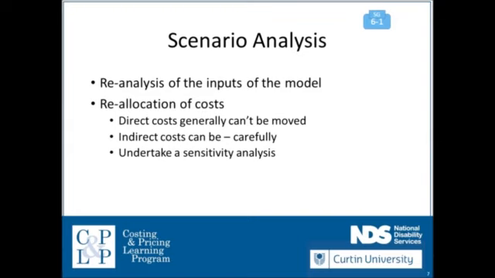The other idea is that, of course, you reanalyze the inputs of the model and look at how you might either reallocate costs. In other words, you might have got some of your allocation assumptions wrong, or some of your processes wrong in arriving at that particular allocation, or in looking at what elements of cost within each service element, UOM, you can actually cut, remove, reduce, depending on service quality and the mission of your organisation.